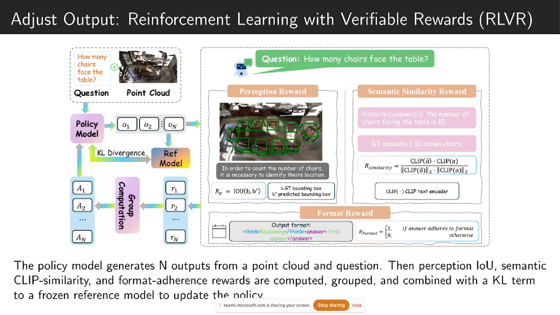For example, if you do a simple experiment that adapts a vanilla Qwen 7B to a VLA model, the model can somehow figure out how to predict the trajectory, but it always gives you a wrong format.